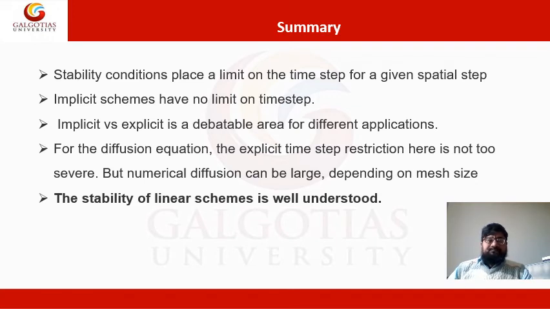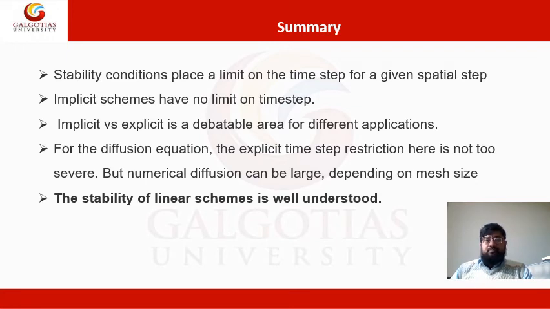But we will not be able to gain insight into transient flow conditions if we choose a large time step. Also, in implicit schemes, we have to solve a large matrix.